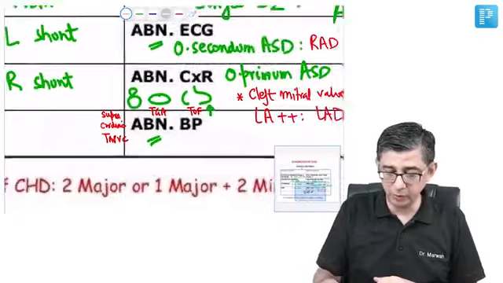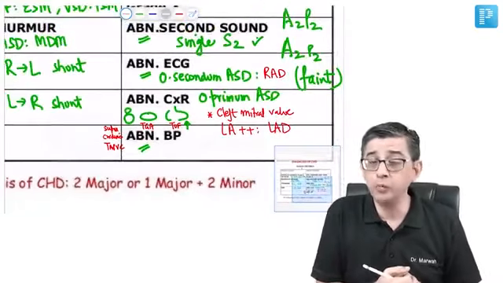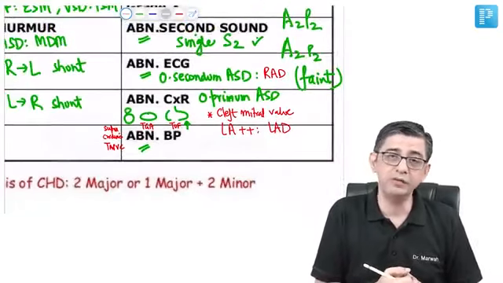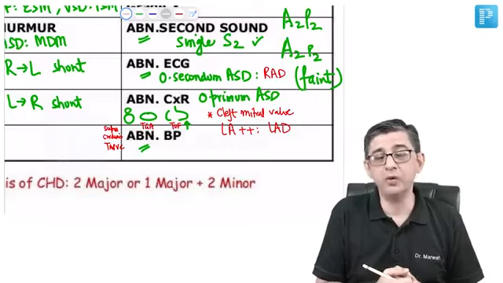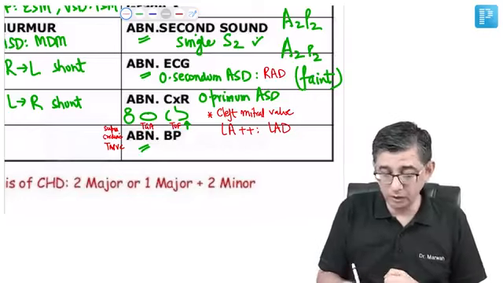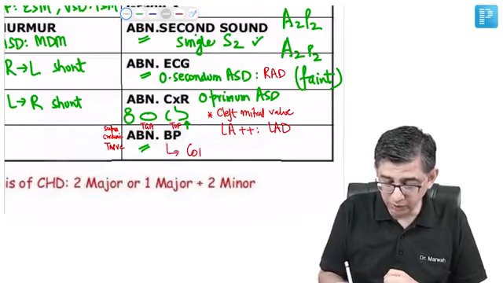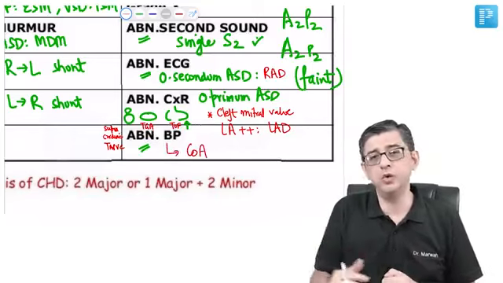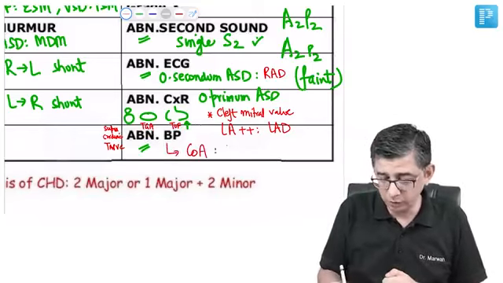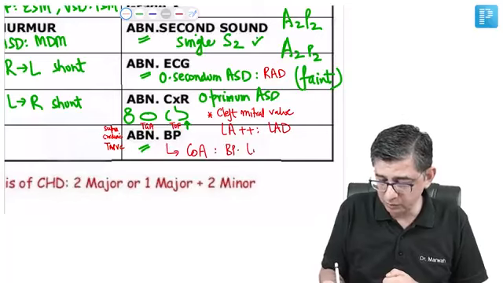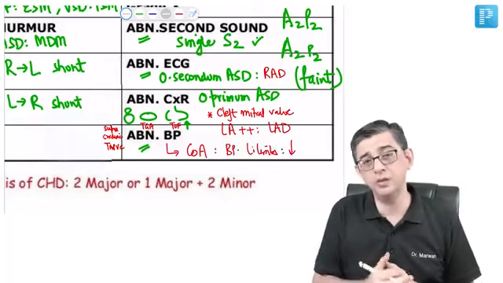And as far as abnormal blood pressure is concerned, abnormal BP values are valid for a defect in the aorta. If a person has coarctation of aorta, because less blood will go to the legs, the BP of the lower limbs of the patient will be relatively less because less blood is going down.